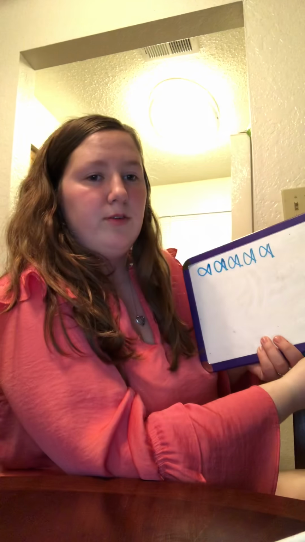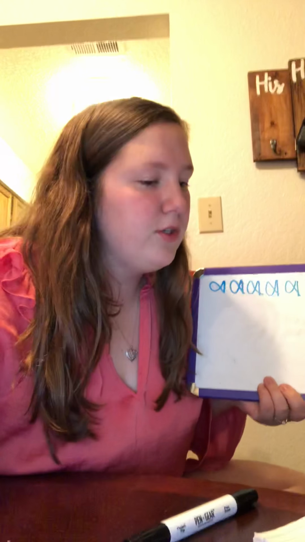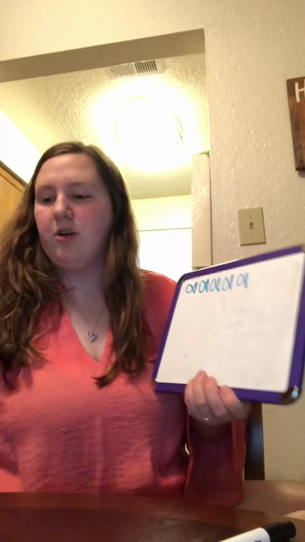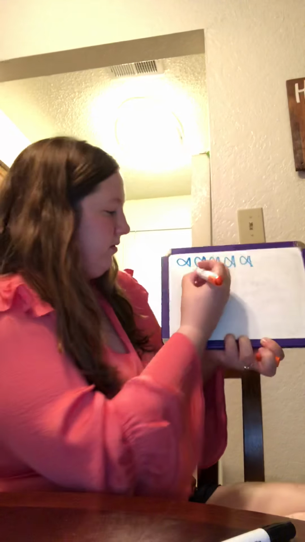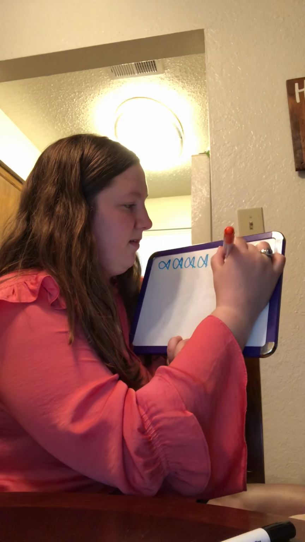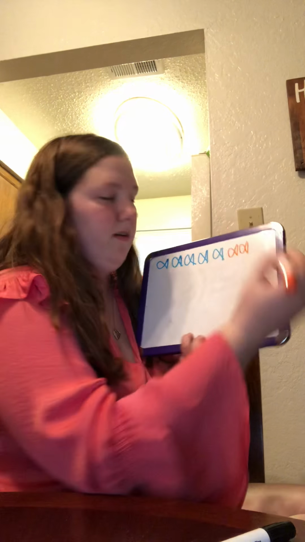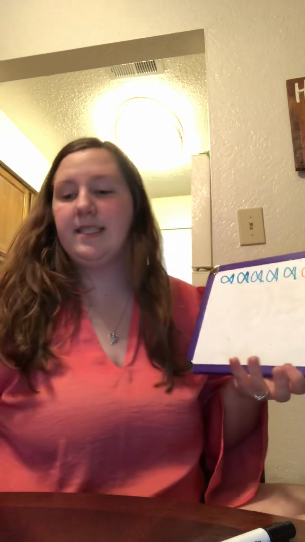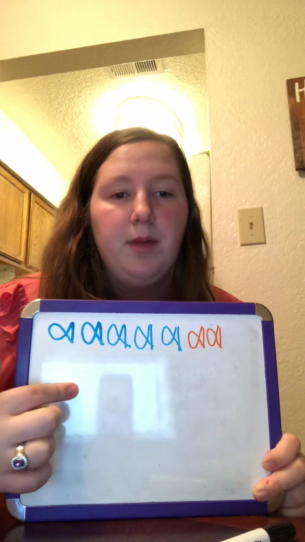So we have 5 blue fish, and there are 2 orange fish. So we need to draw our 2 orange fish. What is the sum? So I want you guys to take a minute, draw this on your paper, give yourself a minute and work it out.